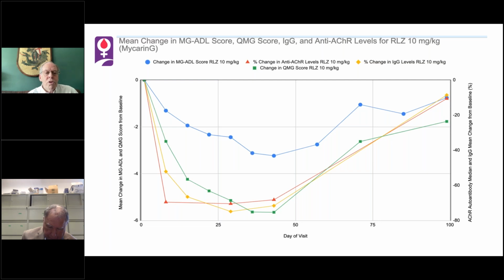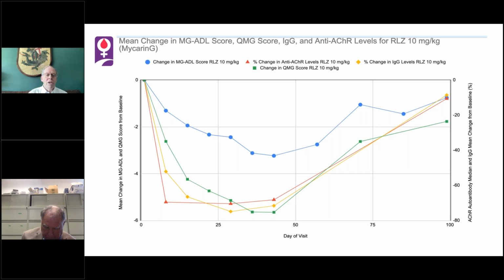This is looking at another myasthenia study that led to the licensure of rozanolixizumab. And you see here something very similar. This is a completely different set of data from a different study.